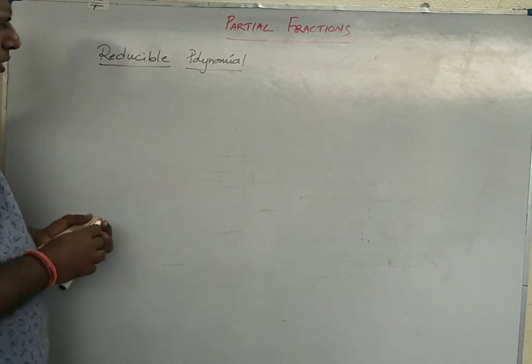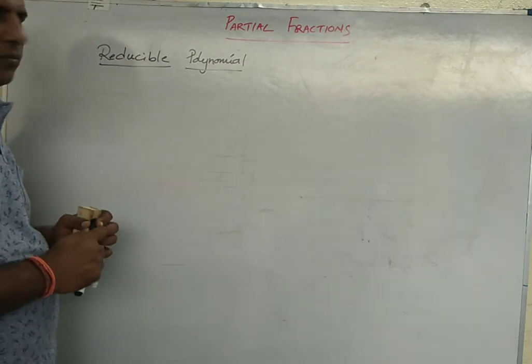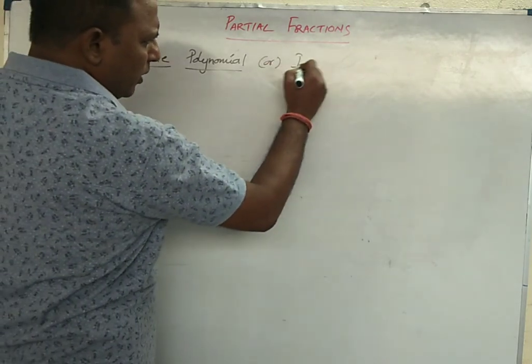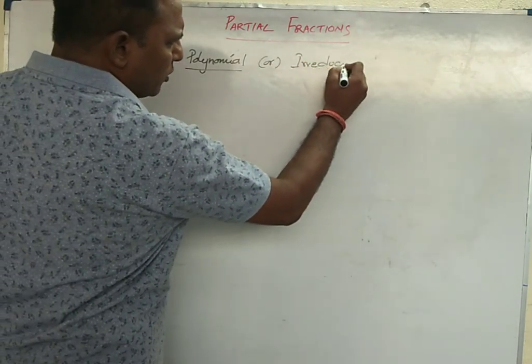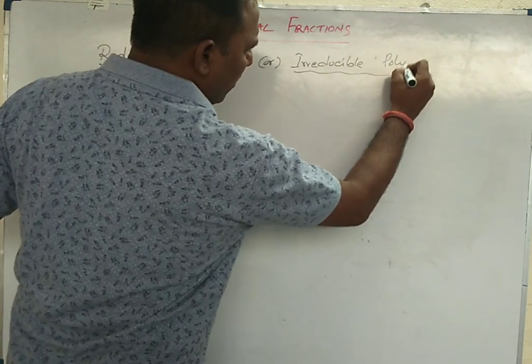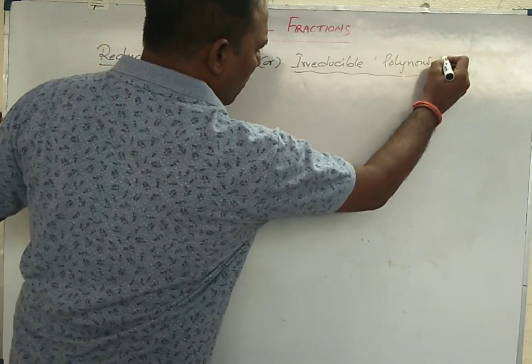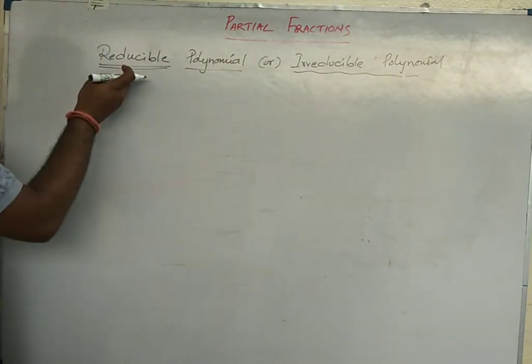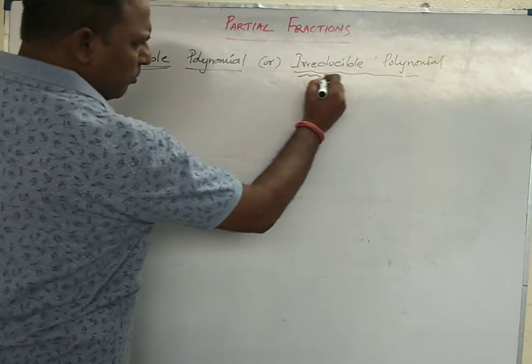You know very well what is meant by a reducible or irreducible polynomial. Reducible, the meaning lies inside it itself. Irreducible.